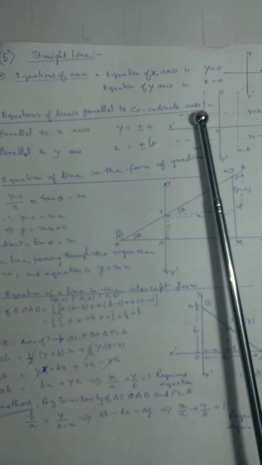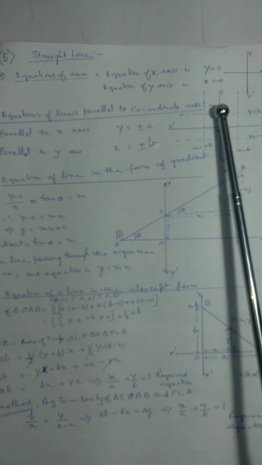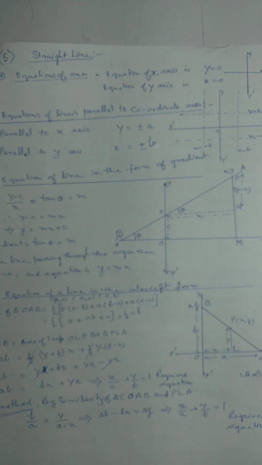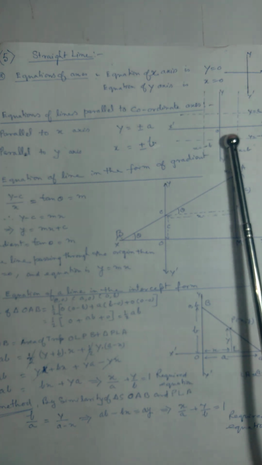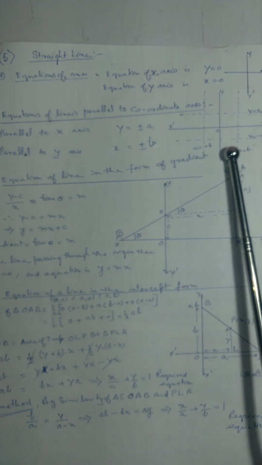Now the B part, that is the equation of lines parallel to coordinate axis. Coordinate axis means you have to draw a line parallel to x-axis or a line parallel to y-axis. If you are drawing the line parallel to x-axis, it will be either the upper part of the x or the lower part of the x.